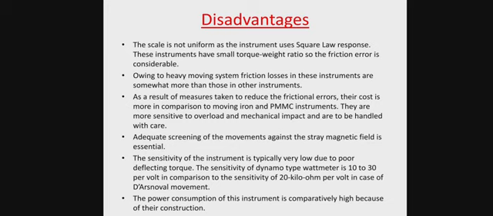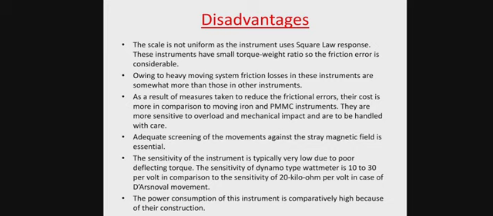The scale is not uniform as the instrument uses square law response. These instruments have a small torque weight ratio, so the friction error is considerable. Owing to the heavy moving system, friction losses in these instruments are somewhat more than those in other instruments.